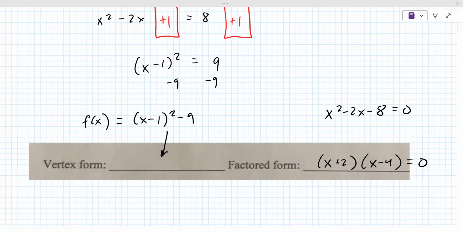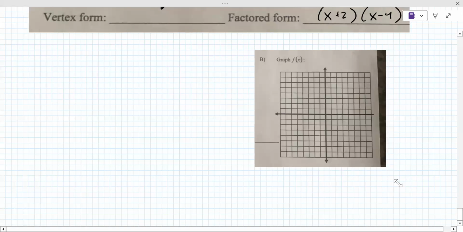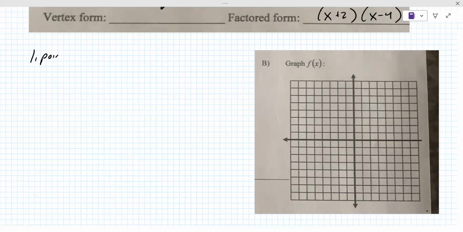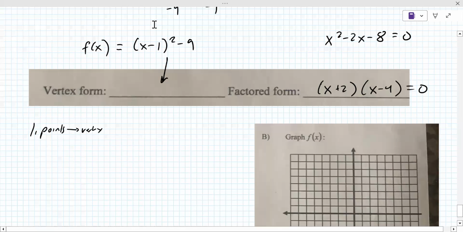All right, so graphing is next. Put that on the right here. It says 5 good points. One of your points should be the vertex. So you already have that. The vertex comes from the vertex form. Do you remember the vertex from this?